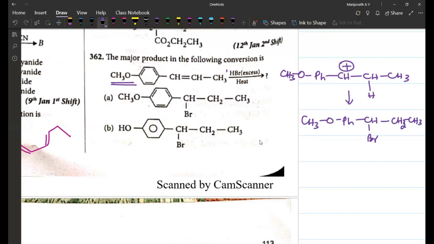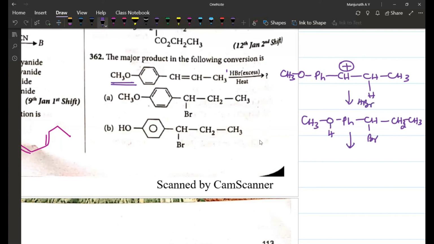So this is how addition will happen. Now in this Markovnikov's addition, both carbons are equally substituted. So you should know that in such cases Markovnikov's addition goes via carbocation, and I should do it like this only. So that's very essential. Now next, HBr will act as a protonating agent here.